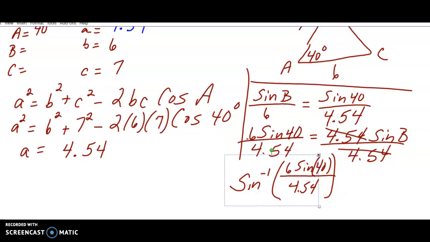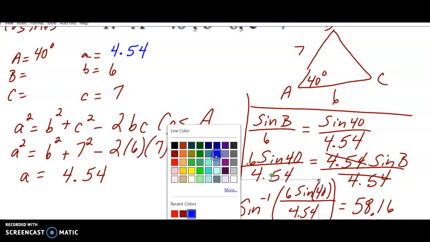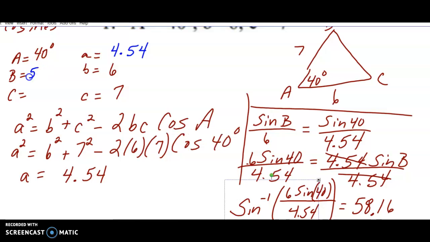And that should give you angle B, and you get 58.157. So we're going to go 58.16. So angle B is 58.16.